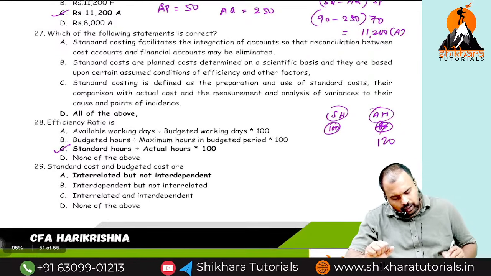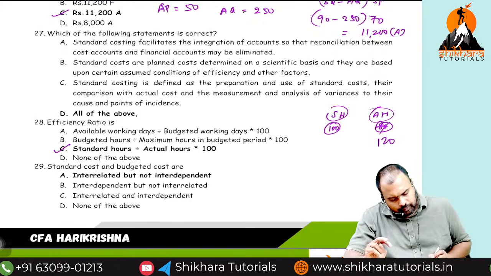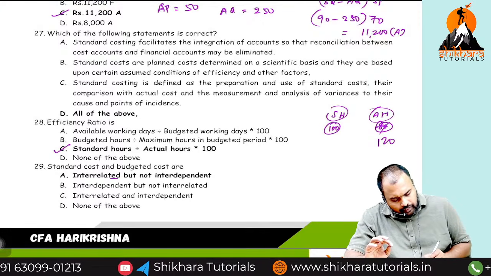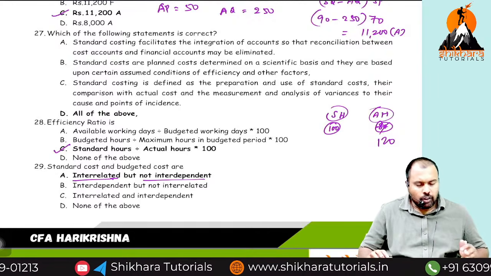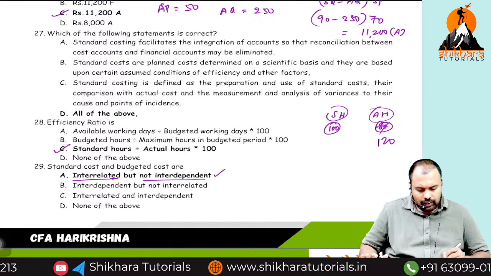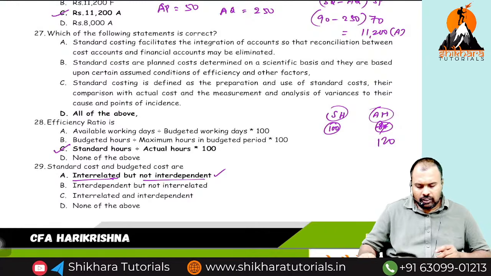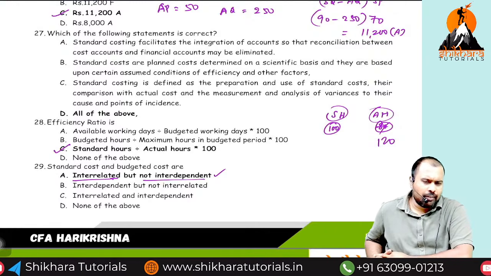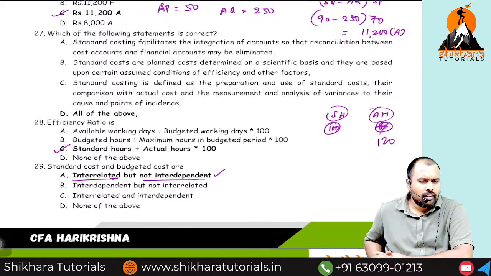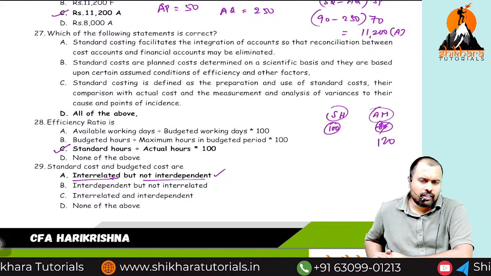Next, standard cost and budgeted costs are interrelated but not interdependent. Sir, first let's talk about interdependent. Are standards and budgets dependent on each other? Not required, because budgets we can prepare without standards.